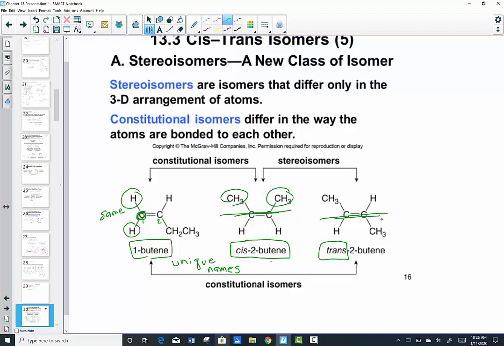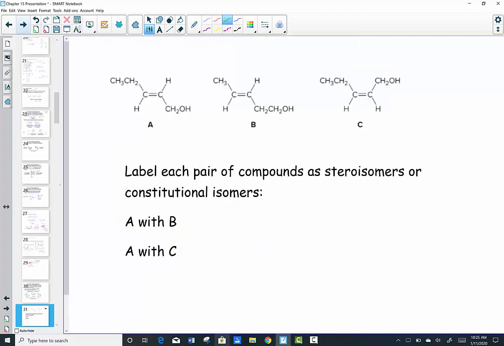Let's think that through with this example. Label each pair of compounds as stereoisomers or constitutional isomers. Let's compare A with B, and then we'll look at A with C. Well, let's first figure out if we have the same or different. So I have the longest carbon chain that contains the double bond. 1, 2, 3, 4, 5.